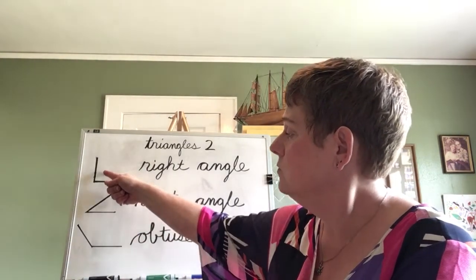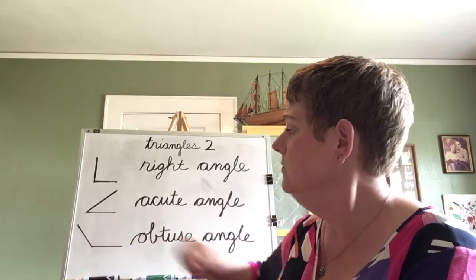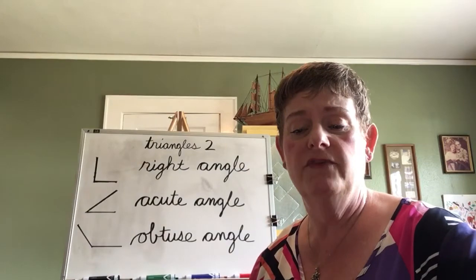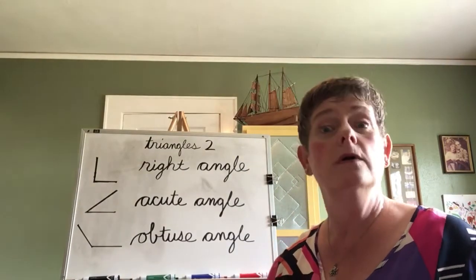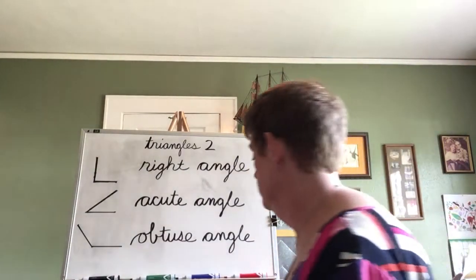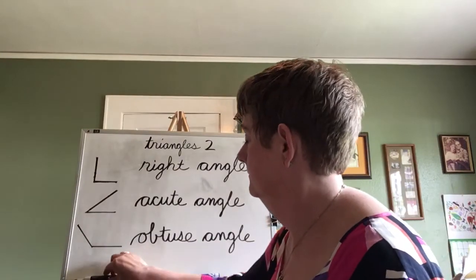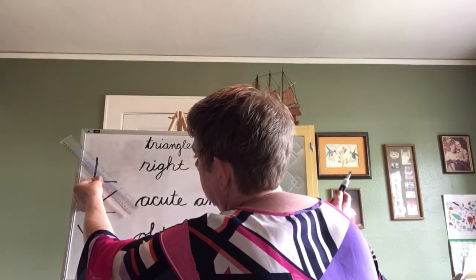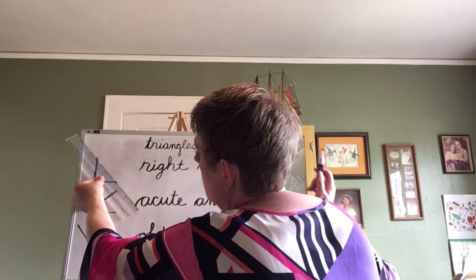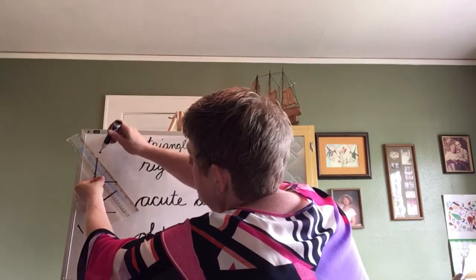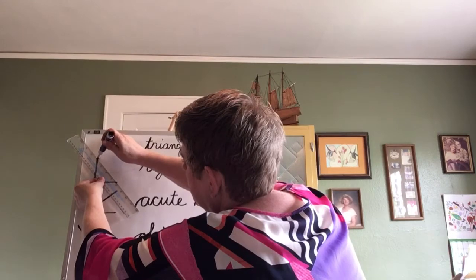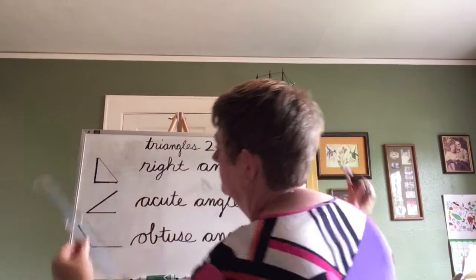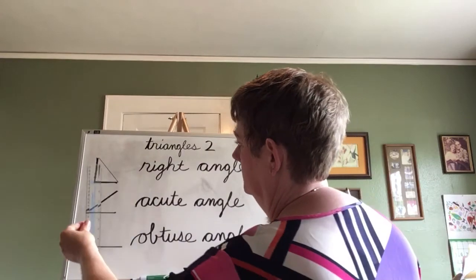Let's take this right angle, this acute angle, this obtuse angle, and let's finish them off and turn them into triangles. We need one more straight intersecting line to make it a triangle. Now it's a triangle.